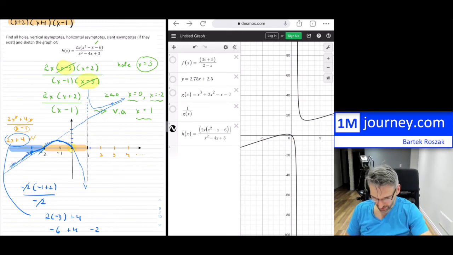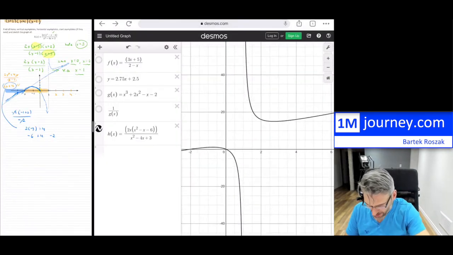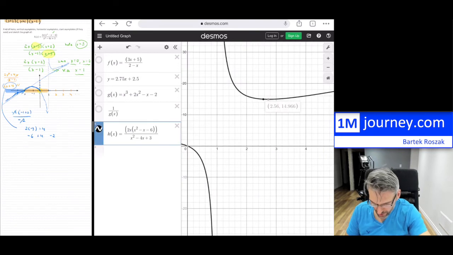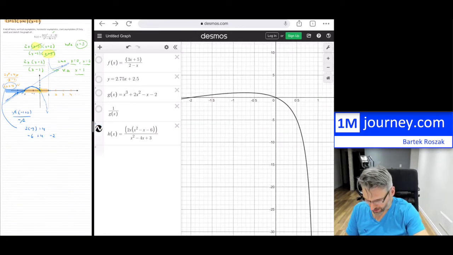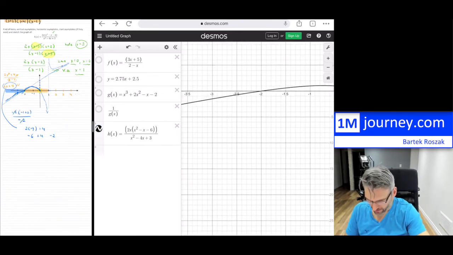So beautiful, beautiful. So that means, if I go here, let's see if all of these things align. Yep, so at 1, we have our vertical. At 3, there should be a hole. Right? Yep, there we go. I saw it undefined. There's our hole. And here, look at this. We have a crossing through the 0, the crossing through the minus 2, right?